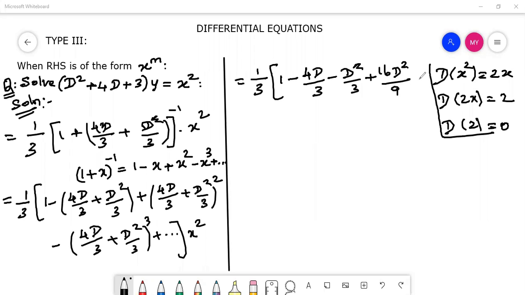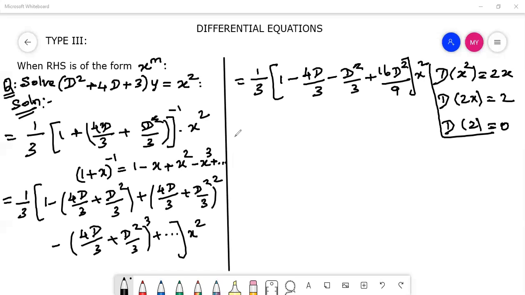And the next term: this D² is there and D is there, both will be multiplied in the second term of the formula. So D³ will be there, but here we are not having D³, it is vanishing, so we can stop up to this, times x², like this you can write.